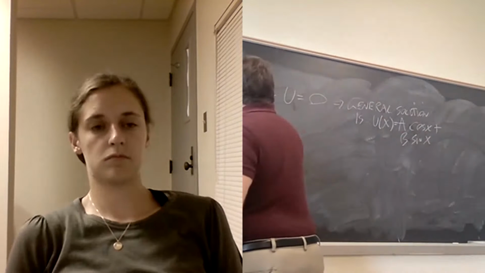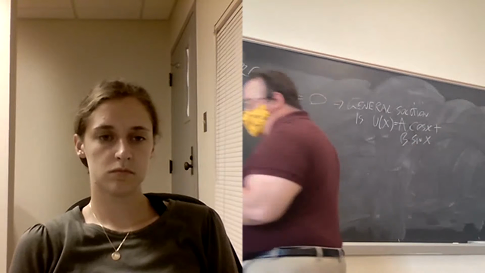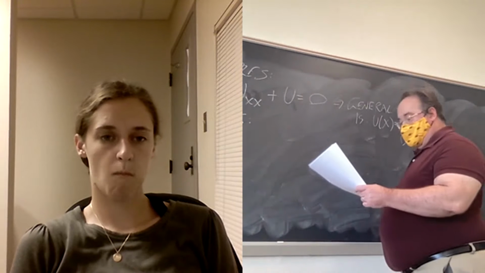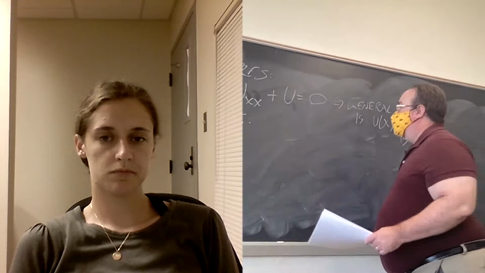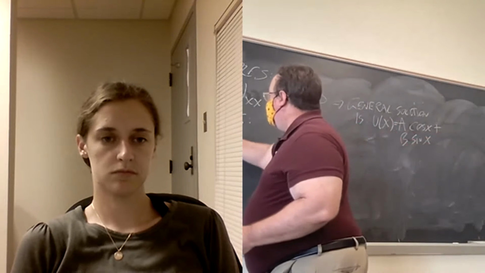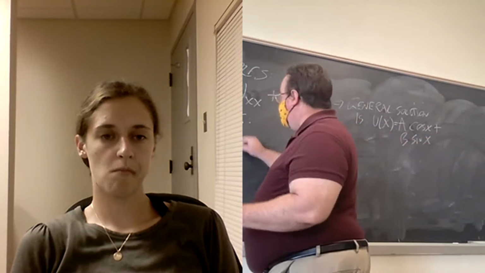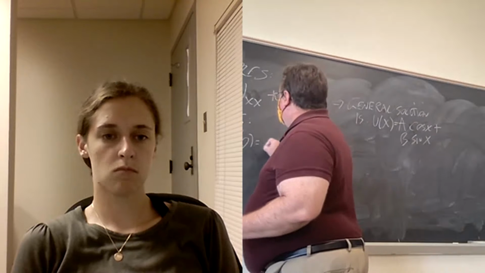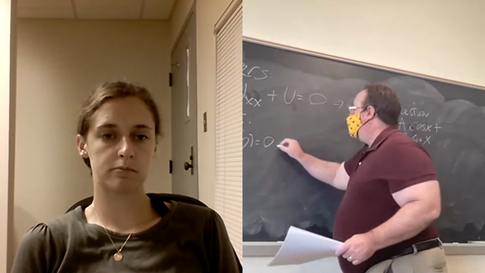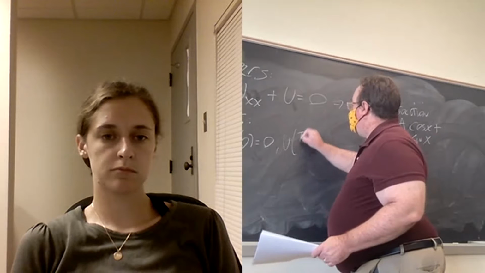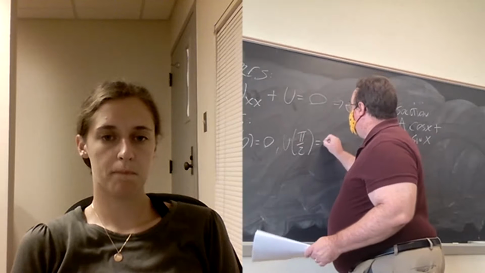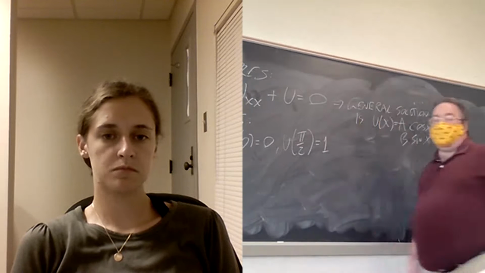So here are some boundary conditions that I could choose. Option A: u of 0 equals 0, and u of pi over 2 is equal to 1.